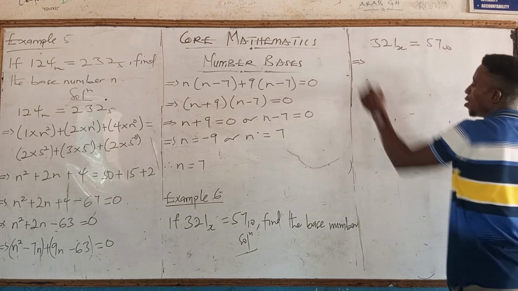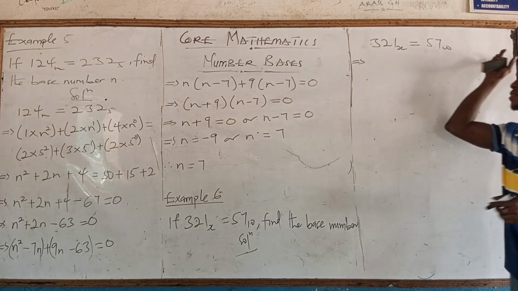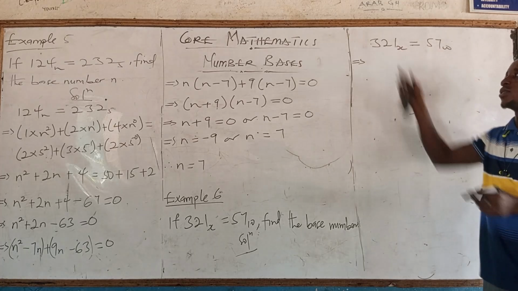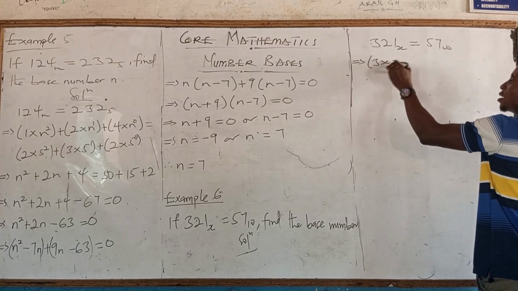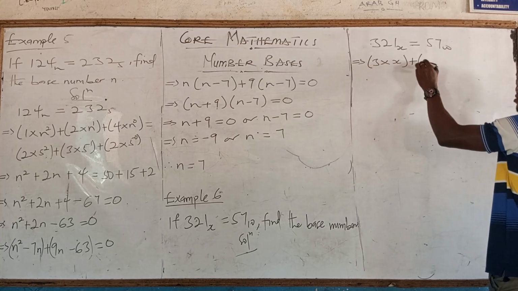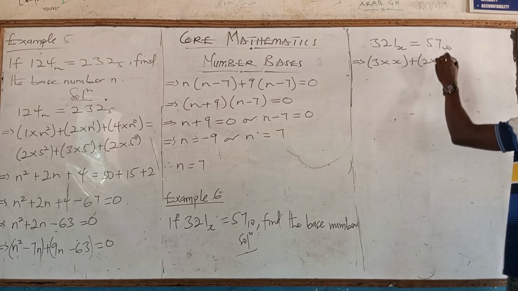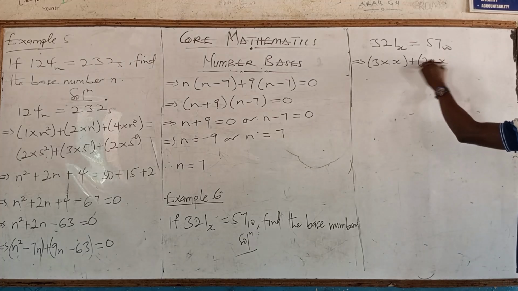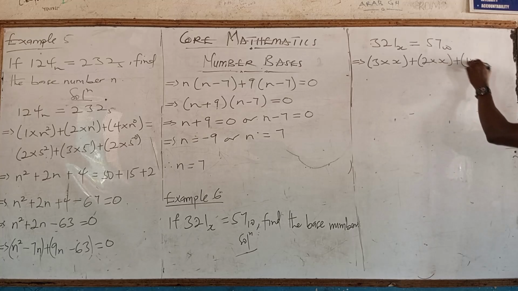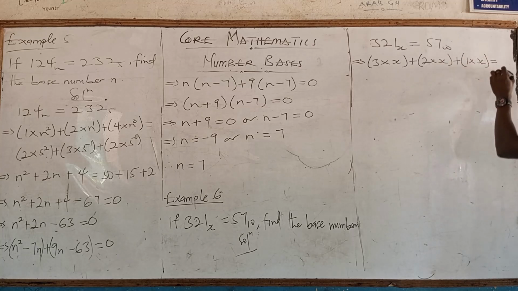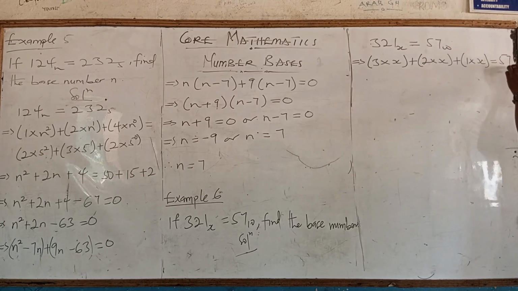So to solve it, already this side is in base 10, so we're only converting this one to base 10. So I'll have 3 times x squared plus 2 times x, then plus 1 times x to the power 0, which is equal to the 57.